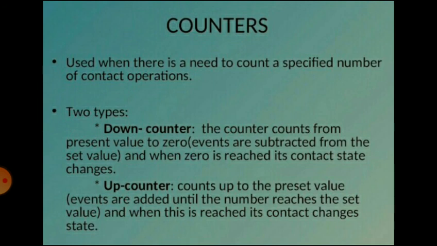So events are subtracted from the set value, and when 0 is reached, its contact state changes. And the up counter counts up to the preset value. That means events are added until the number reaches the set value, and when this is reached, its contact changes state.